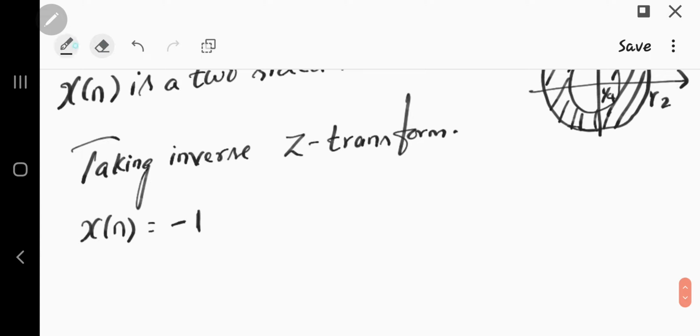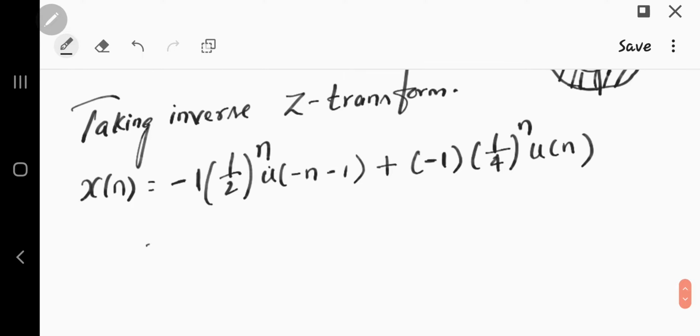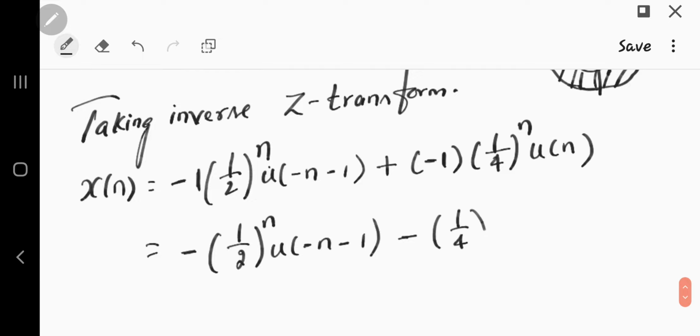So I'm writing minus 1 into 1 by 2 to the power of n u of minus n minus 1 plus the coefficient, that is the value of k2, into, this is a positive time sequence, 1 by 4 to the power of n into u of n. If you simplify that, you will get minus 1 by 2 to the power of n u of minus n minus 1, minus into plus is minus 1 by 4 to the power of n into u of n.